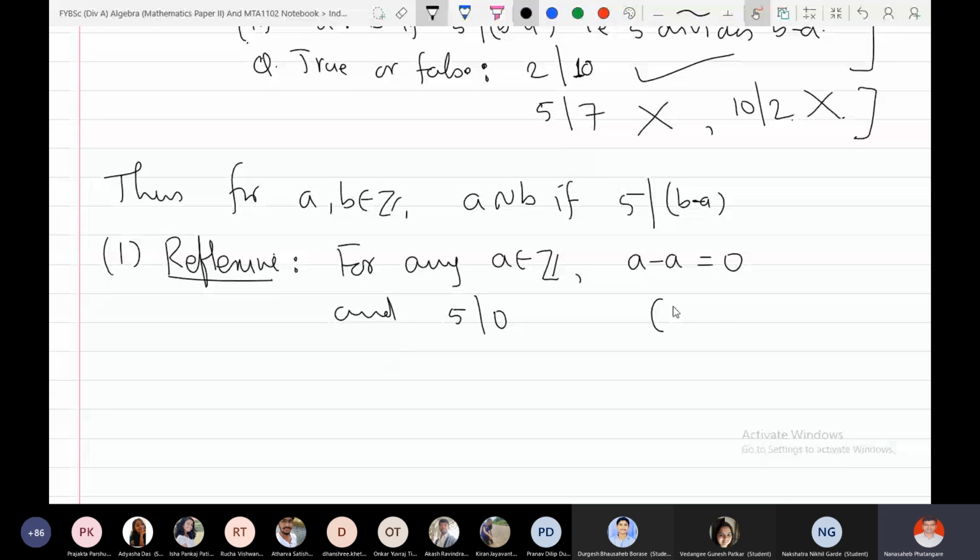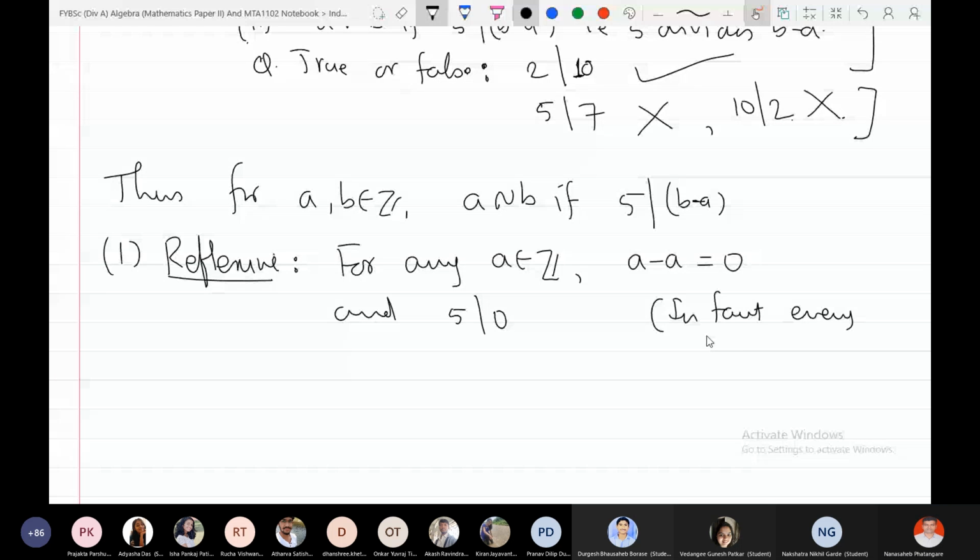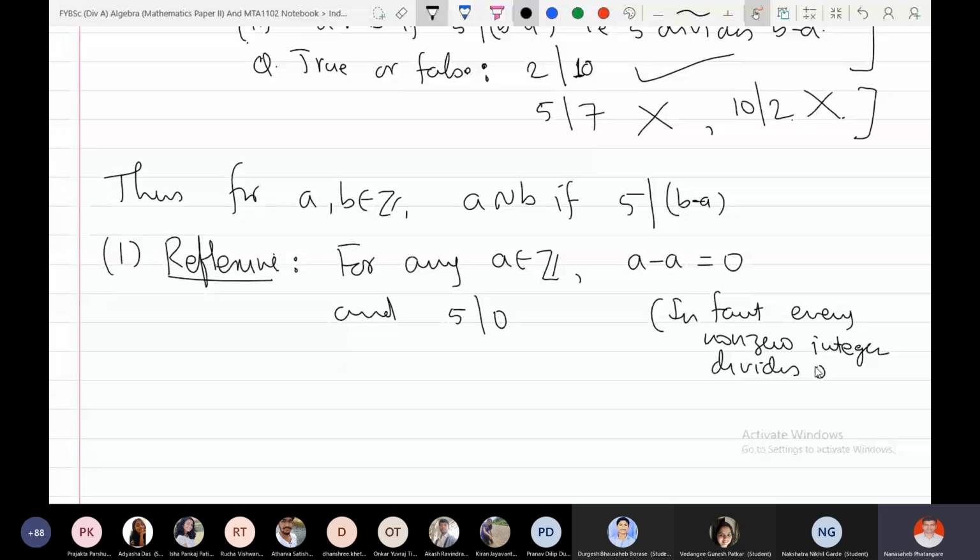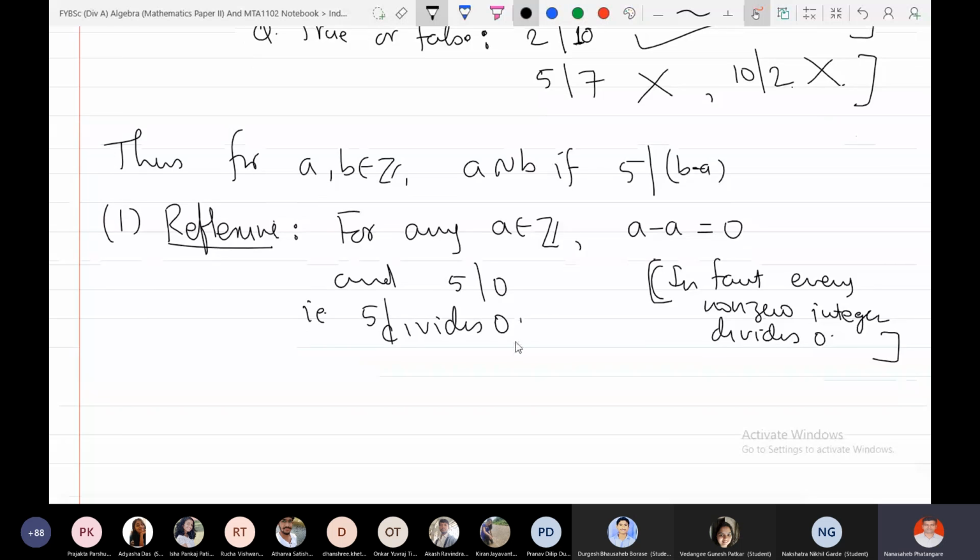In fact, every non-zero integer divides 0. And therefore, 5 divides 0. So this is true. 5 divides 0, this is clear.